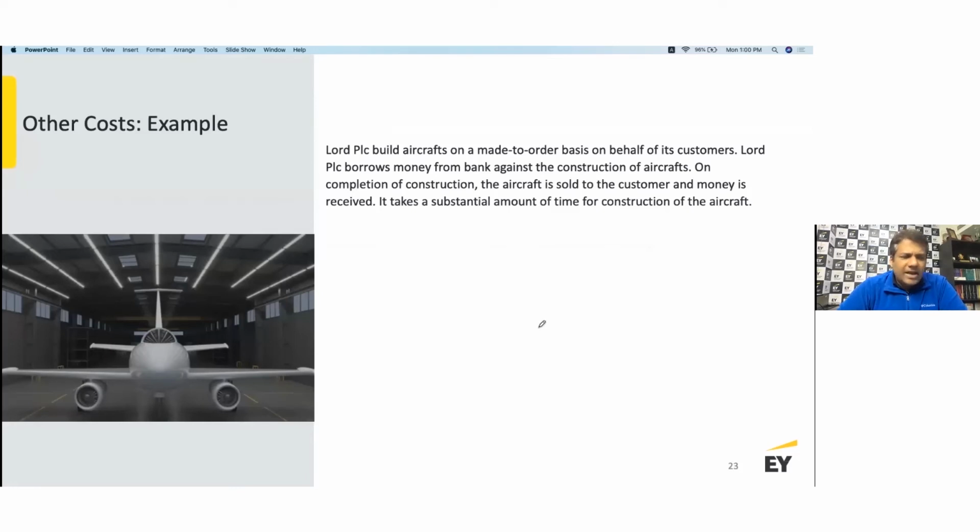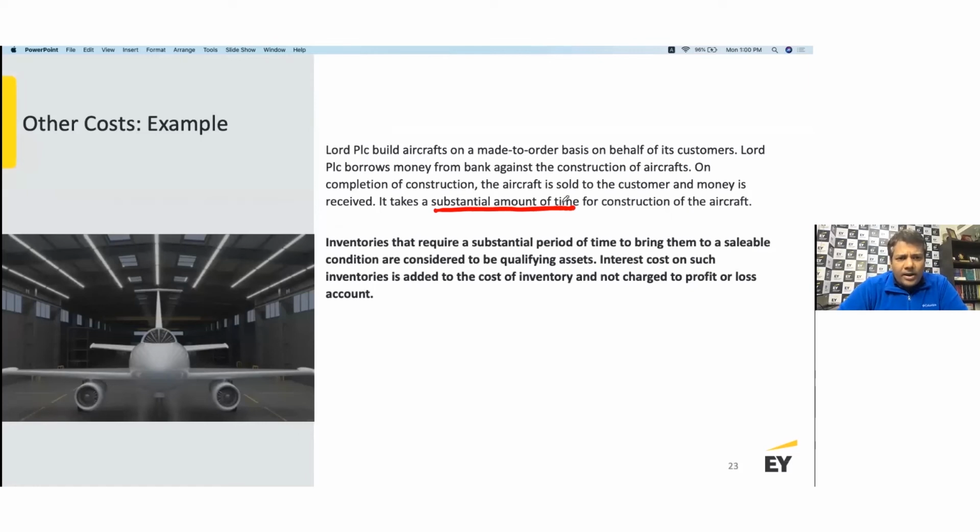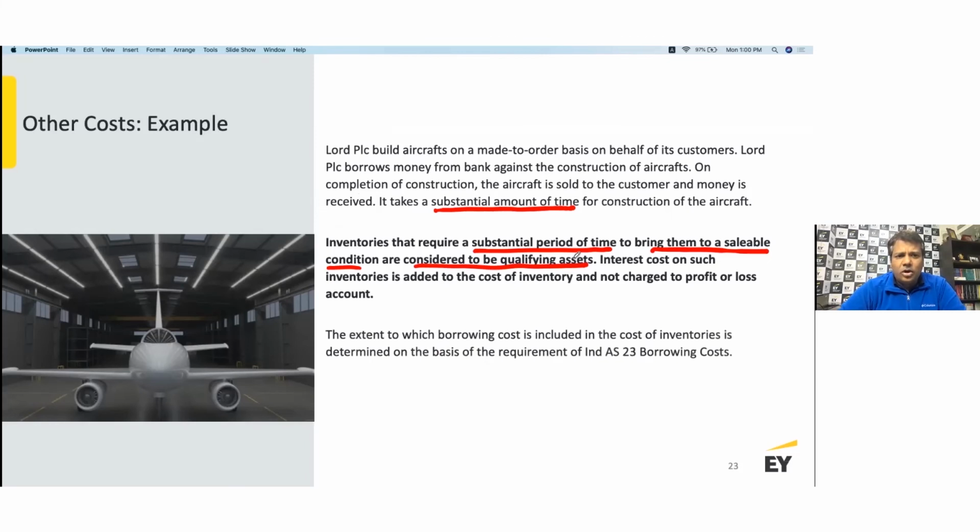It takes a substantial amount of time for construction of the aircraft. Inventories that require a substantial period of time to bring them to a sellable condition are considered to be a qualifying asset under Ind AS 23. Interest cost on such inventory is added to the cost of inventory and not charged to the profit and loss account as a period cost.